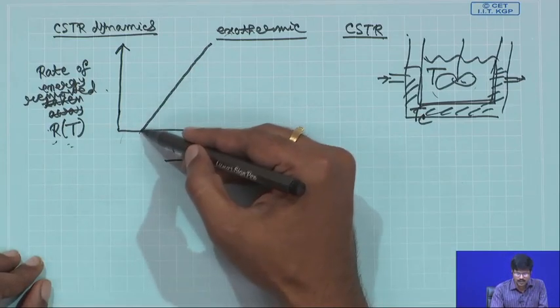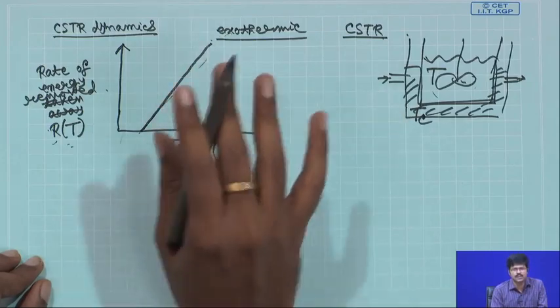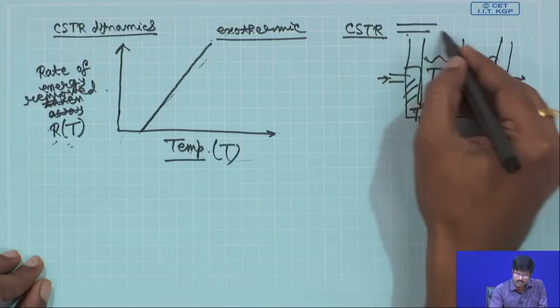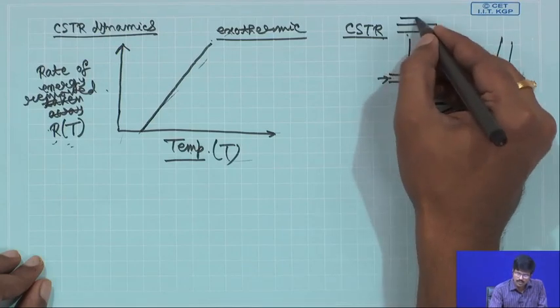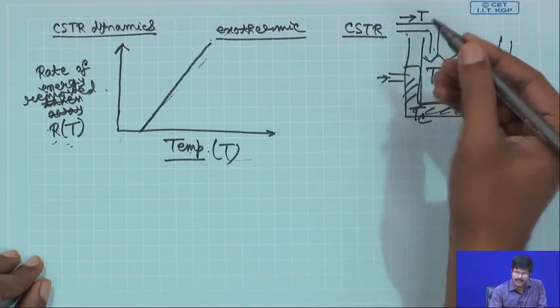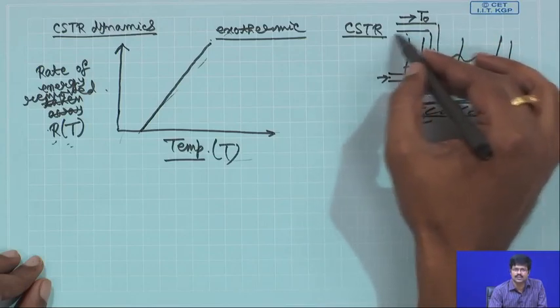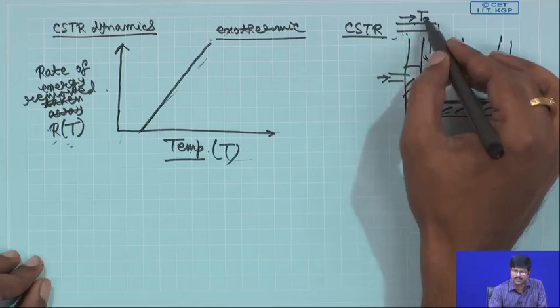Now, this particular curve that I have drawn is for a specific condition. Specific condition could mean a specific temperature at the inlet, because the reaction mixture or the starting material that is entering will be at a certain temperature, let us say T0, that you can increase or decrease.